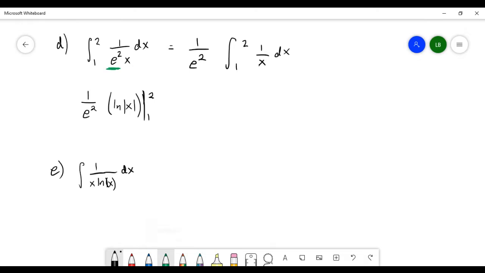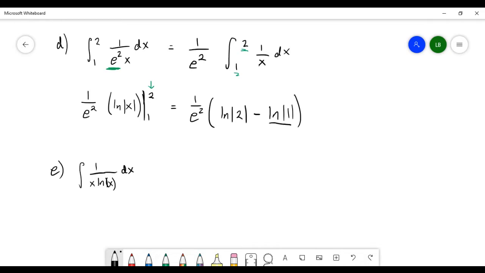Remember when you have a definite integral, we can use the notation of a large vertical bar, and on the top is our upper limit, on the bottom is our lower limit. And what that means is we take the top limit and plug it into the function, subtract the bottom limit plugged into the function.